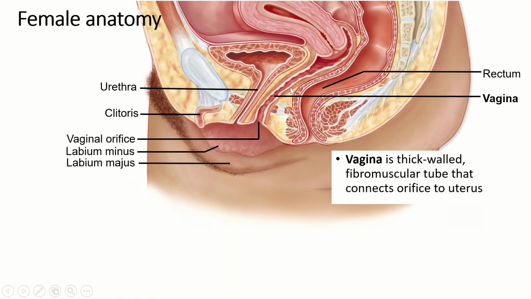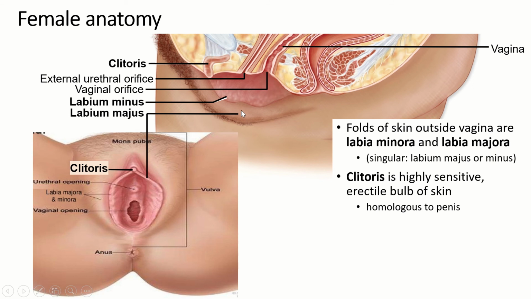All right. The vagina, like I said, is this walled tube. The opening is the vaginal orifice. Here it is posterior to the opening for the urethra. The clitoris sits here between the anterior ends of the labia minora. The vaginal orifice and the urethral orifice are both protected by these two folds of tissue.